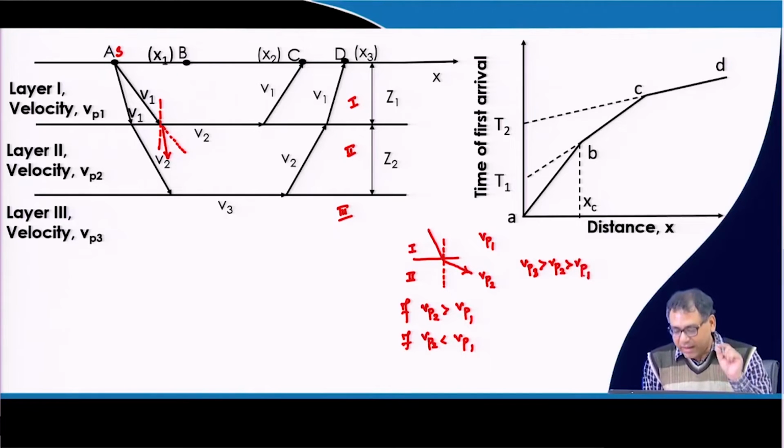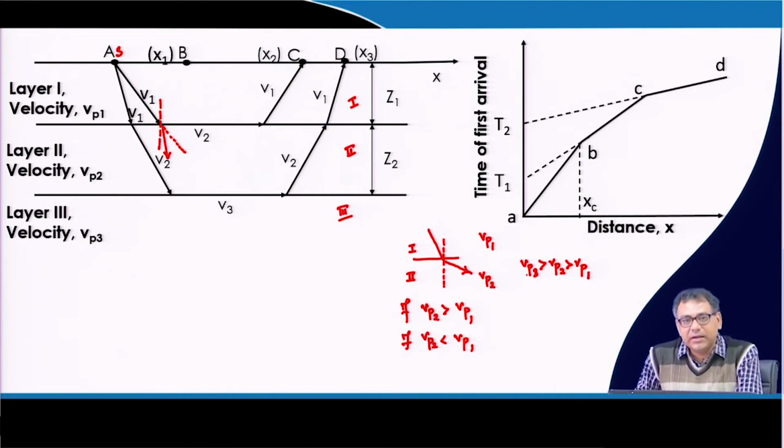And when the velocity of the rays is a function of the density, that means if density increases, then the velocity of the wave will also increase. So the velocity of the wave is more for denser soil compared to loose soil.